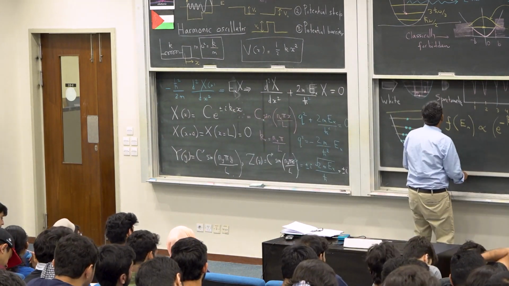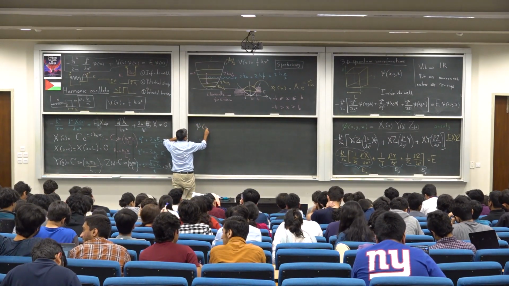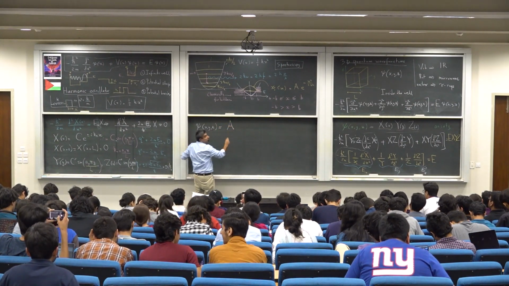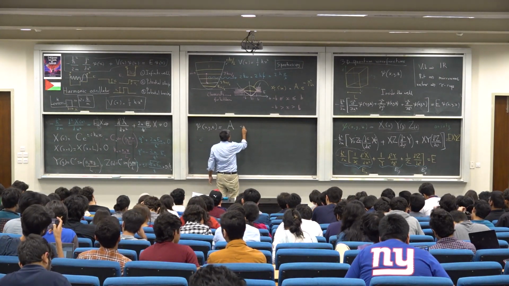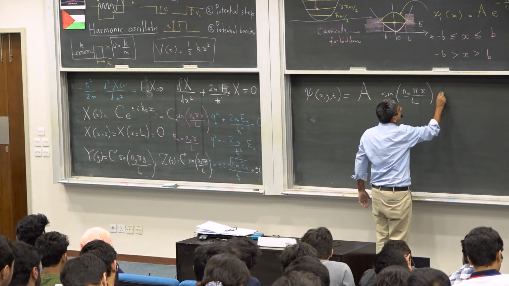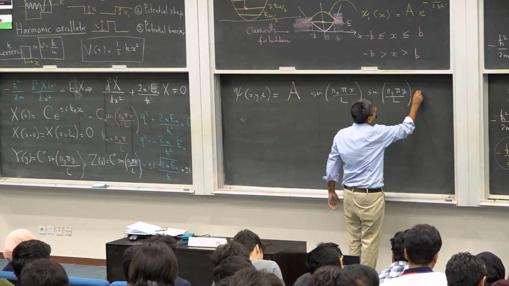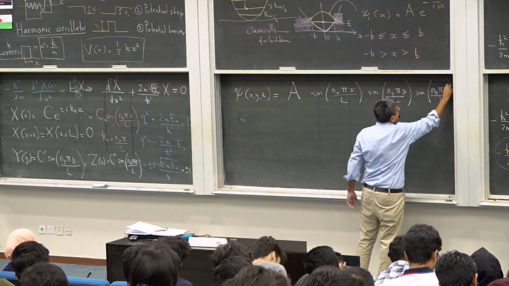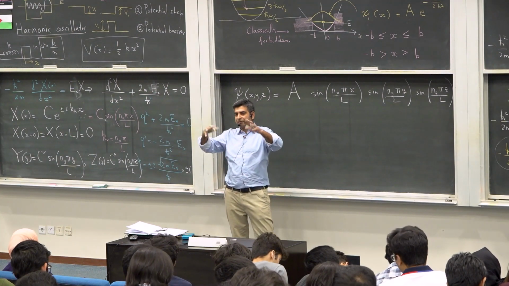What this means is the wave function is now given by some big constant A. I'm lumping all the constants together, call them A. Sine of nx pi x over L, sine of ny pi y over L, sine of nz pi z over L. This is a three-dimensional wave function.